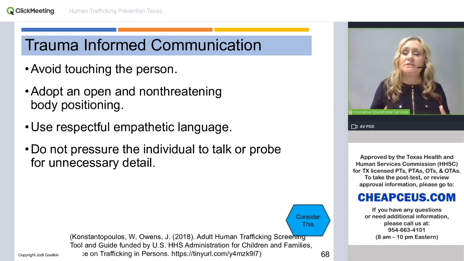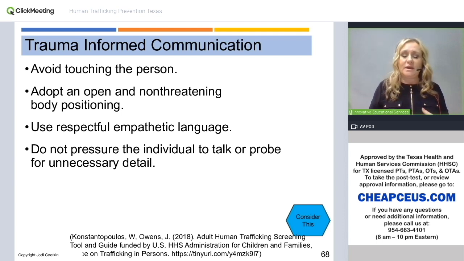By touching the individual, they may have only experienced negative touch, and that may come as a threat, not compassionate as we intend. You wouldn't want to do that to the individual. Keep an open posture. Be close, but not too close, because that could be threatening.